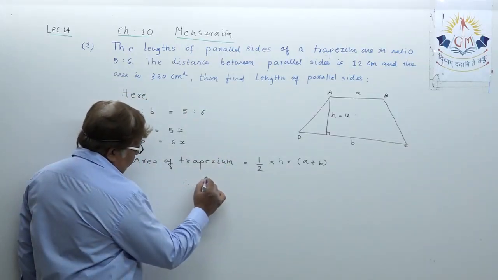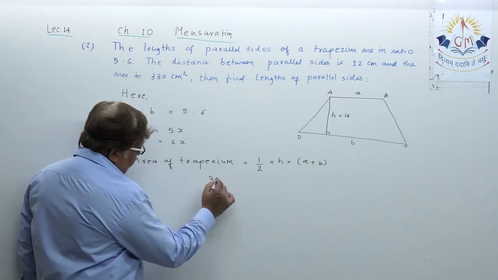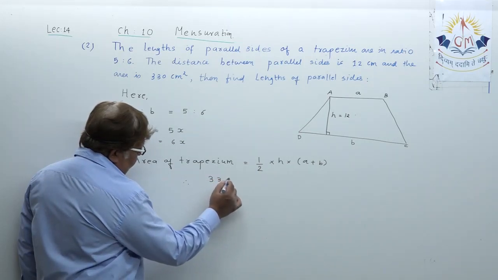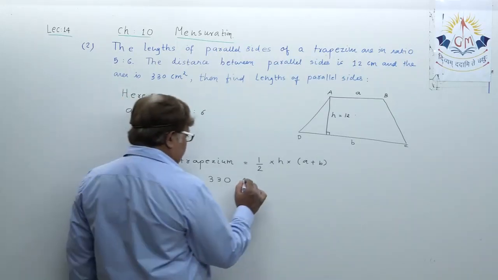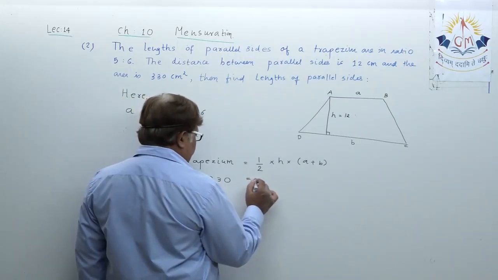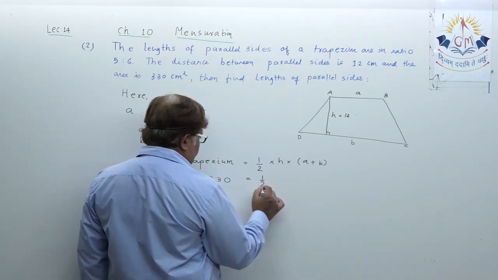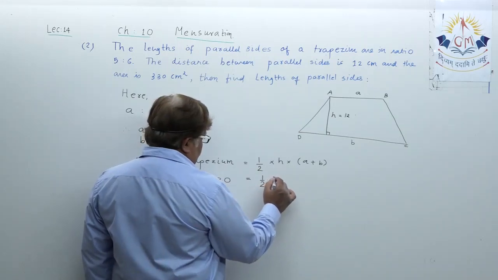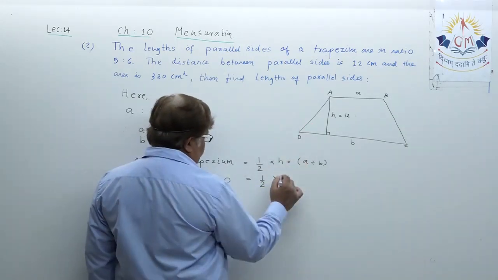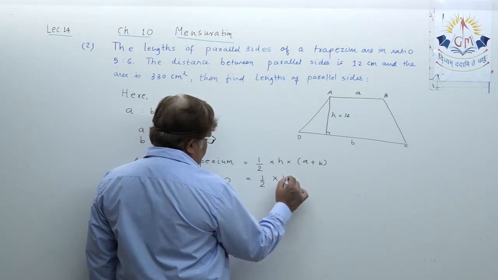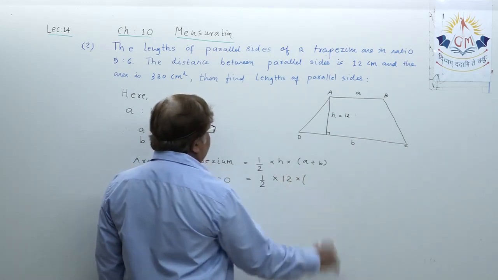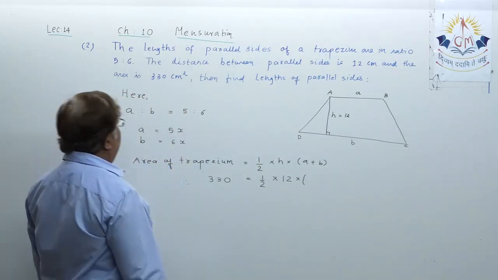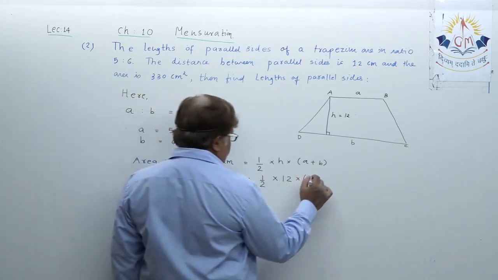Let us substitute the value. Area is given 330 equals to half into height, that is the distance between two parallel sides, into (a plus b).